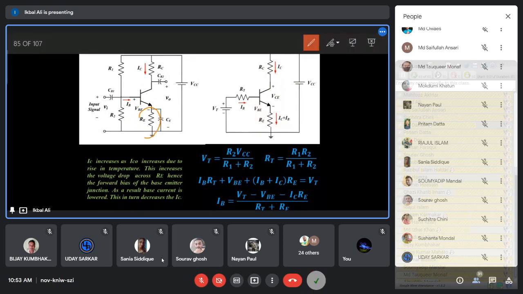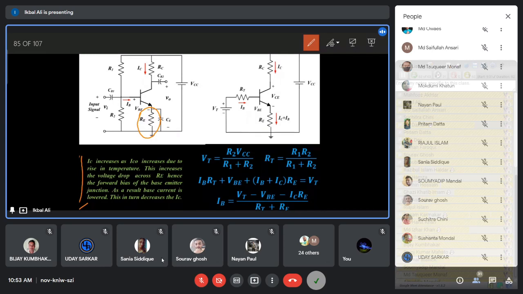And it is written here that if IC increases as ICO increases due to the rise in temperature, this increases the voltage drop across RE, and hence the forward bias of the base emitter junction actually reduces.